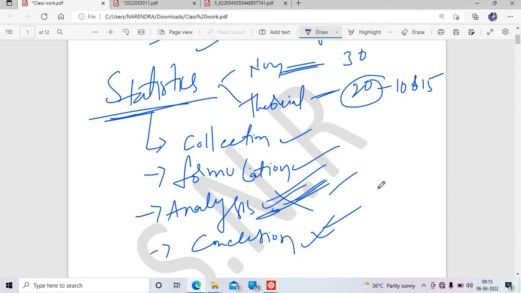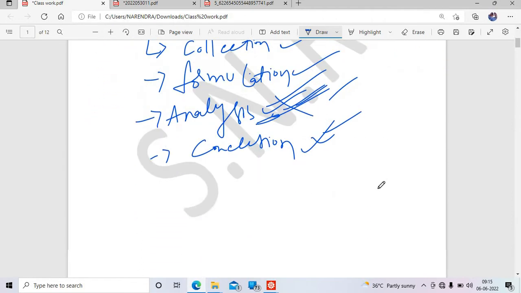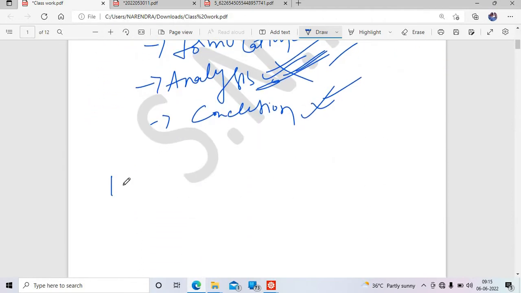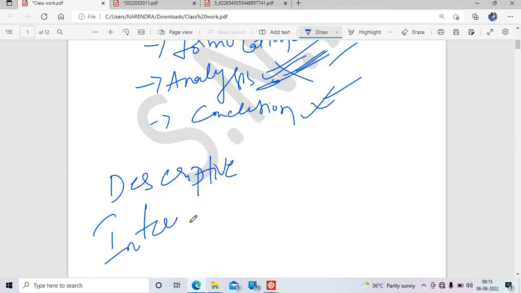Now what is descriptive statistics? In statistics we mainly have two types, that is descriptive and inferential. One is descriptive and the second is inferential statistics. In descriptive statistics, we consider numerical values.